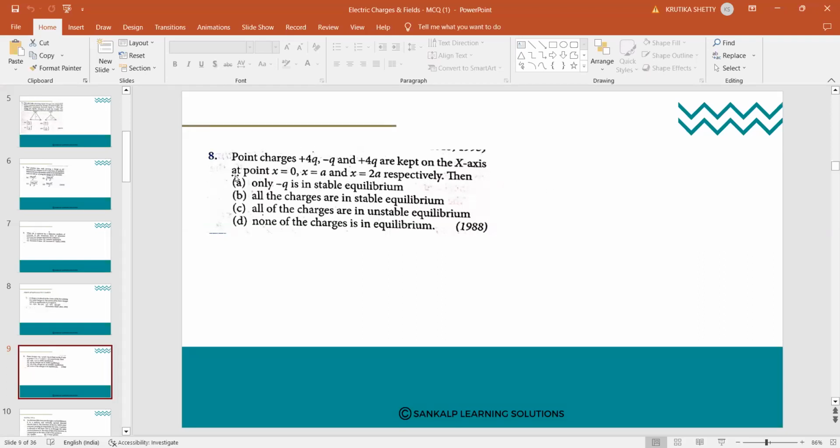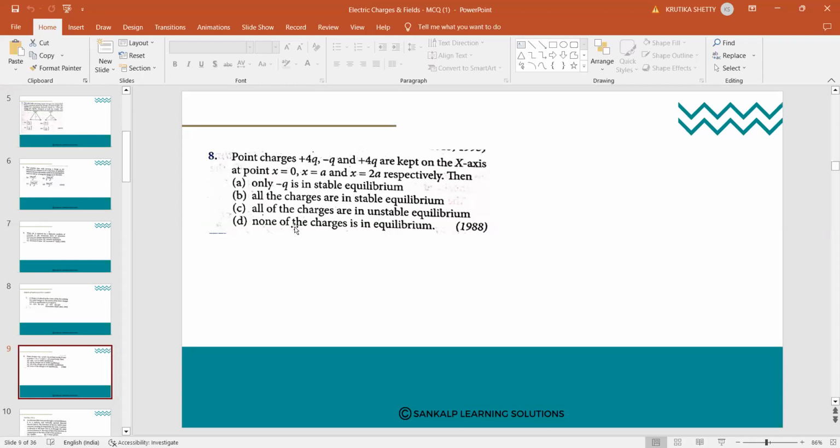Then, here what are they saying? You have 3 point charges. One is plus 4q, one is minus q, one more is plus 4q. They are kept on the x-axis at x equal to 0, x equal to a, x equal to 2a respectively.